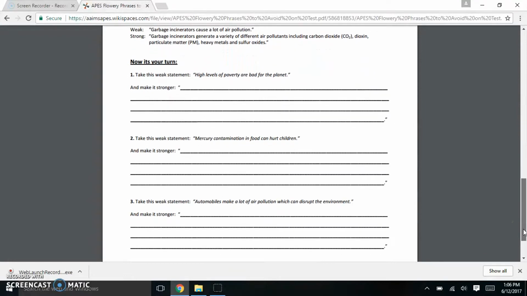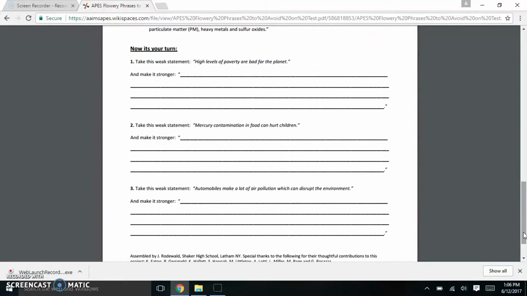Now, for your practice assignment at this time, you have 3 examples, and I would like you to practice making each a stronger statement. How would you answer this for your AP exam to be a stronger answer to help your score? Thank you, class. Begin practicing.